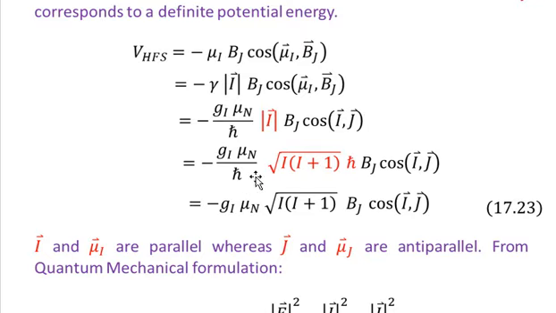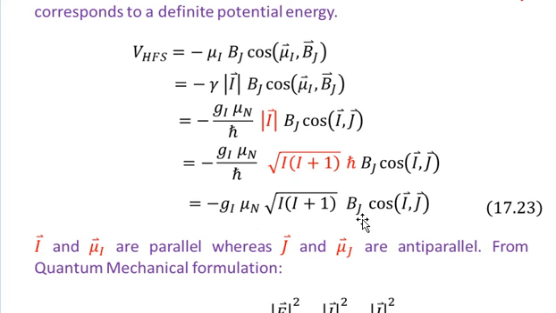And in the fourth step, I have substituted the value of the magnitude of I, which is equal to square root of I into I plus 1 multiplied by h bar. This is actually the magnitude of the vector I, which I have substituted over here and shown in red. So you see that h bar will be cancelled out, and I am left with minus g_I into mu_N into the square root of I into I plus 1.